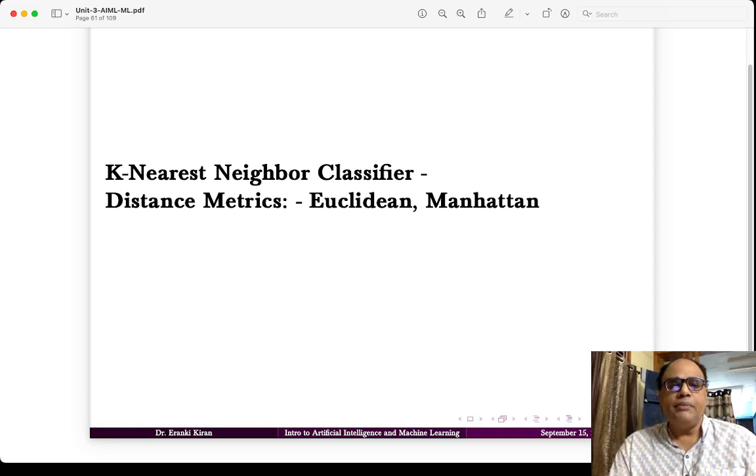Although there are several other distance measures that can be taken into account, very popular distance metrics usually considered for the k nearest neighbor classifier are either Euclidean distance or Manhattan distance. In addition to this, you also have Bhattacharya's distance and Mahalanobis distance.